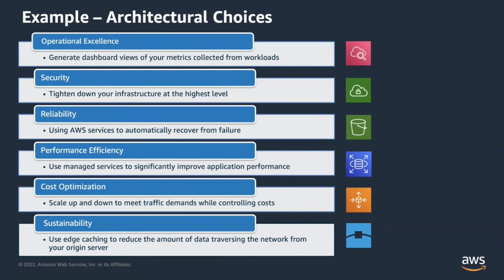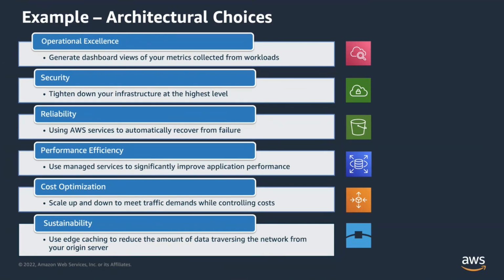Some of them are best practices, some of them are just general ideas within the white paper. And based on that, what service can you use to fulfill that? But this is not a complete list, of course. We have over 200 services, and sometimes things can even overlap from one pillar to another using that same service.